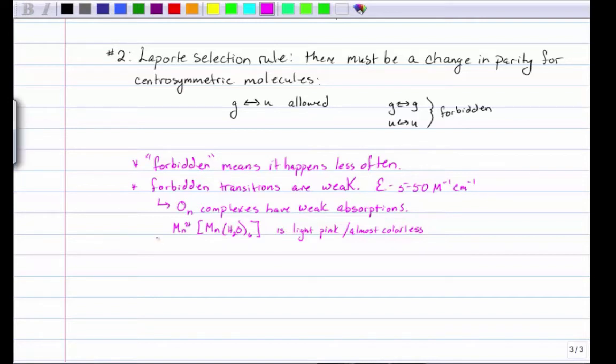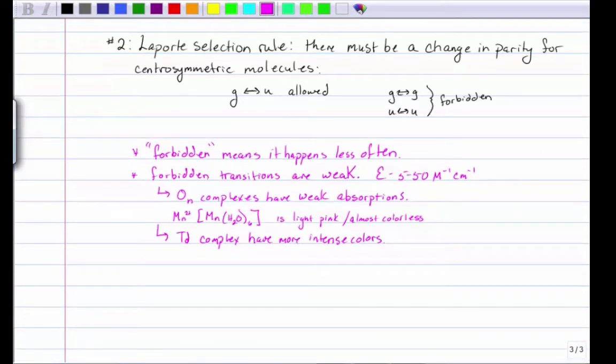So tetrahedral complexes are usually a little bit more intense. So that's usually any of the first row transition metals with 4 ligands, unless it's a square planar nickel. But those are usually, when they have 4 ligands, they're a little bit more intensely colored. So you can go into the stocker and dig around if you want to.